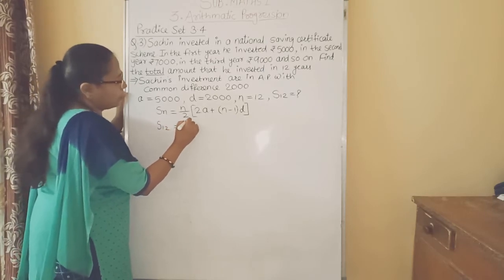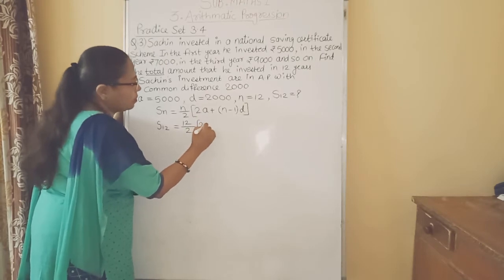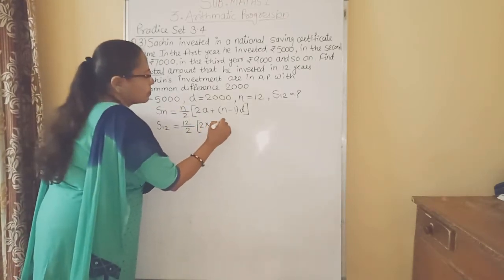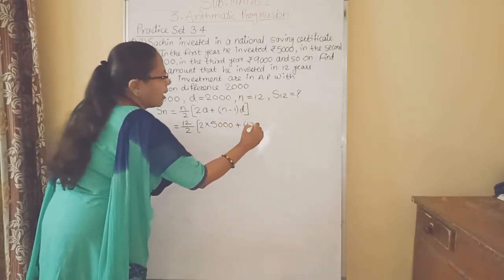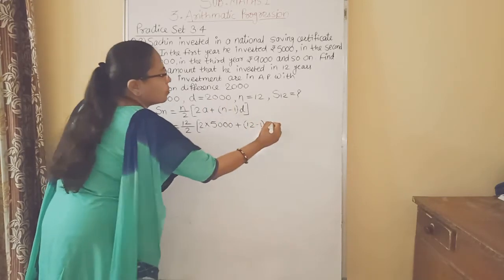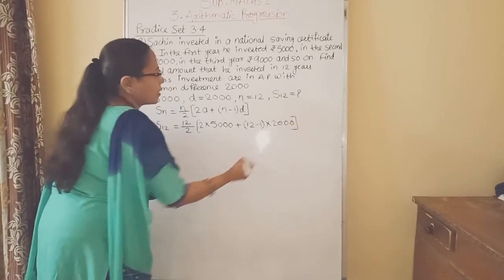So N is equal to 12 upon 2, into 2 into A equal to 5,000, plus N equal to 12 minus 1 into D is equal to 2,000. Close the bracket.